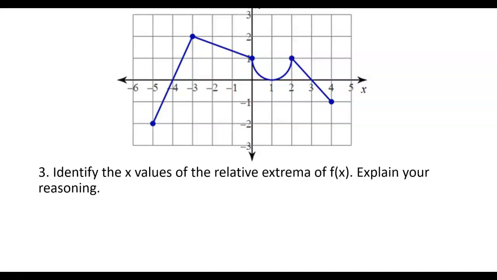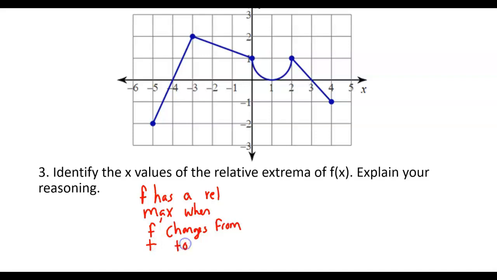Number 3 says, identify the x values of the relative extrema of f of x and explain your reasoning. So, f has a relative max when f prime changes from positive to negative.